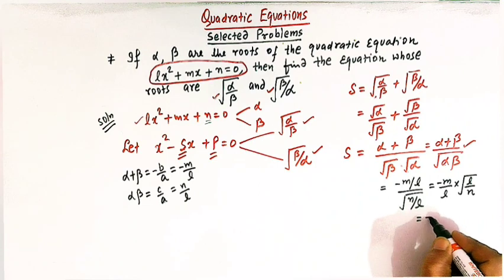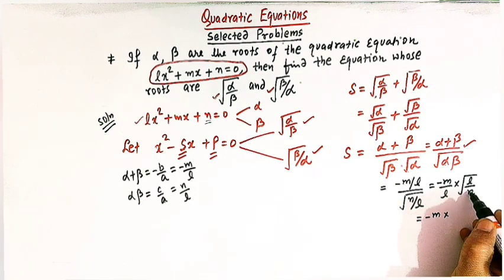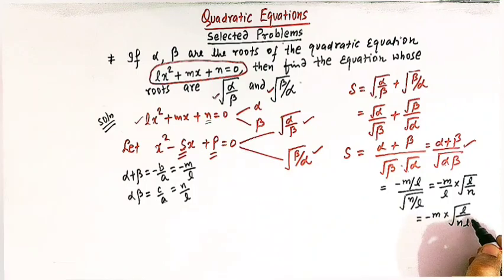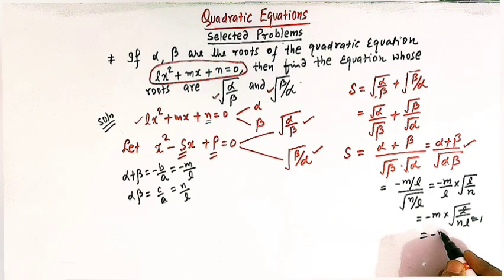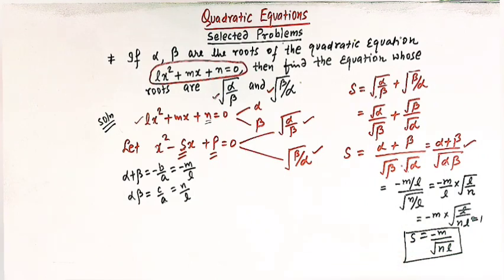So now we have minus m, and here we can take this l inside the square root sign. So we have l over n l square. Now this l and this l get cancelled. So we have minus m over square root of n times l, right? So the value of s is given by this expression, right?